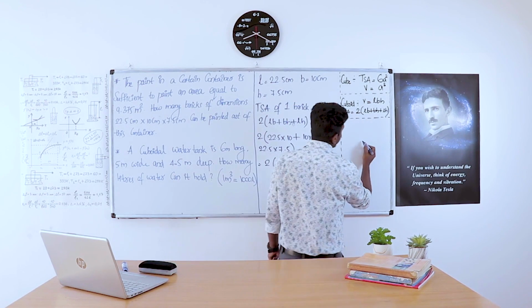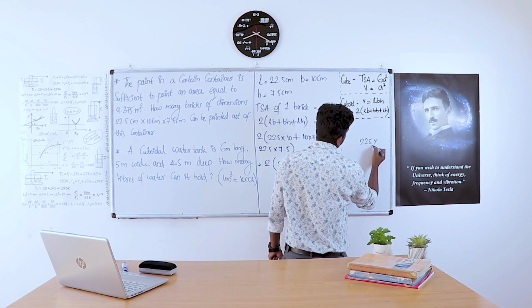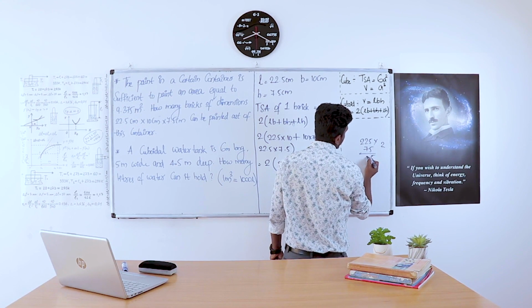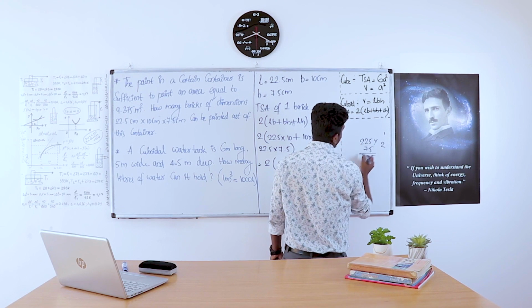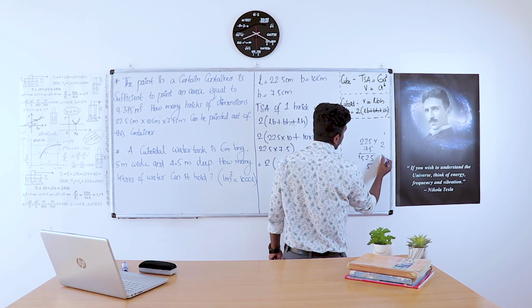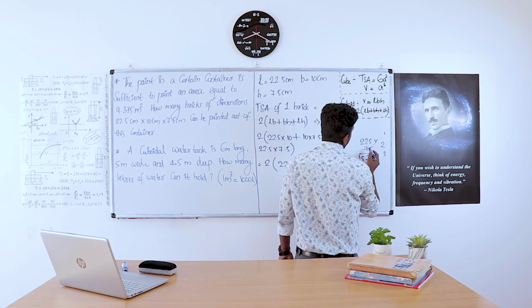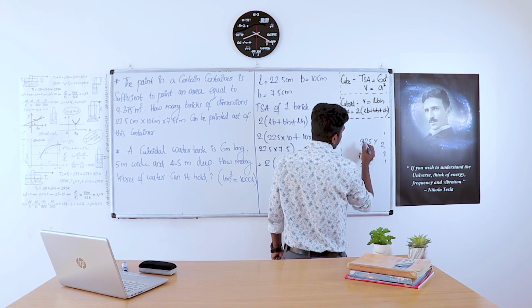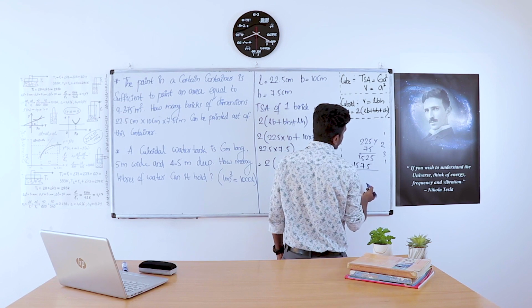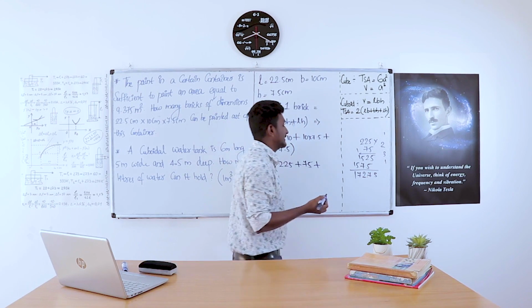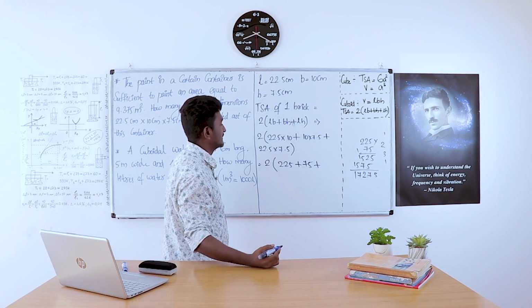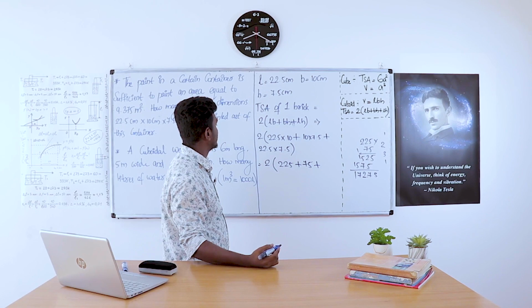We need to find the answer. 225 into 75. 5 into 5, 25, remainder 2, 5 into 2, 10 plus 2, 12, remainder 1, 7 into 2, 14 plus 1, 15, 7 into 5, 35, remainder 3, 7 into 2, 14 plus 3, 17, remainder 1, 7 into 2, 14 plus 1, 15. That is 172.75.